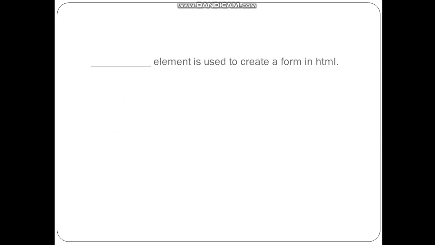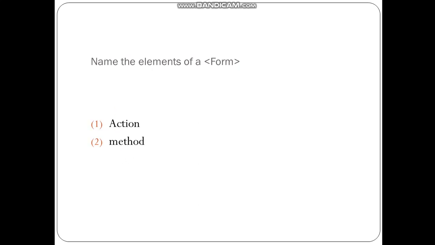Dash element is used to create a form in HTML. For that the answer is form element, form and slash form. Name the elements of a form, meaning name the attributes of a form. Actually in your book there are two attributes, action and method.